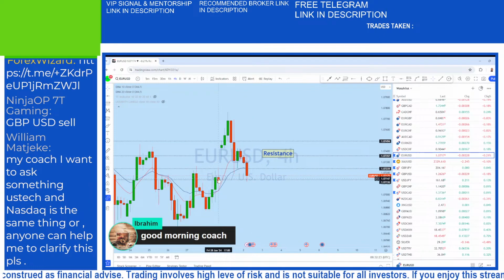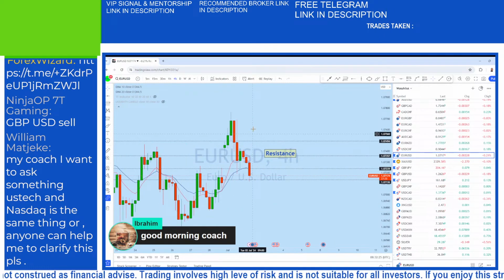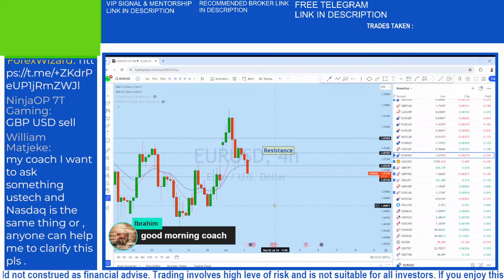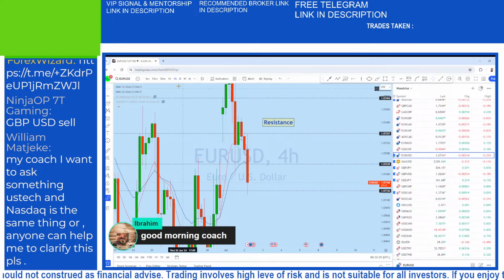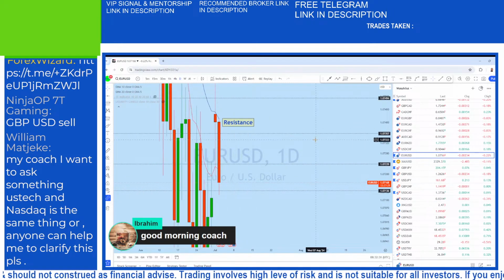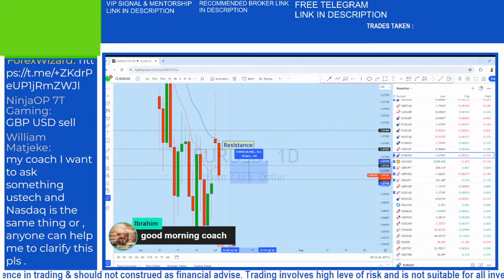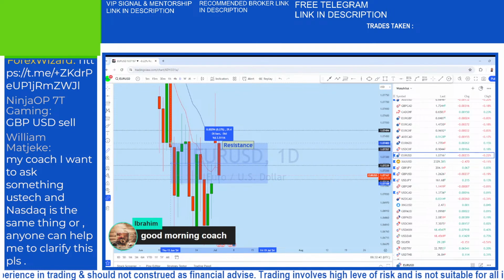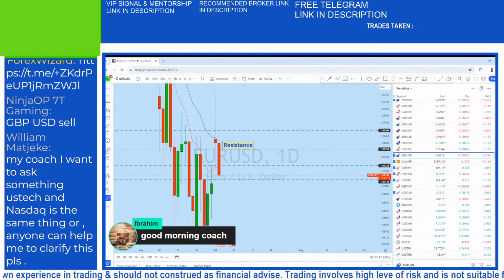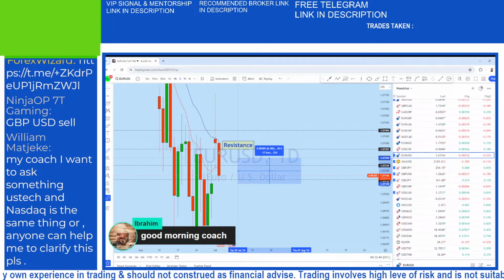Because it filled the gap, we might see a pullback, and then further rejection is possible on Euro dollar. From the daily, you can see there was a gap opening yesterday. This is a big gap on Euro dollar, almost a 30 pip gap, which is quite a bit of gap on Euro USD.